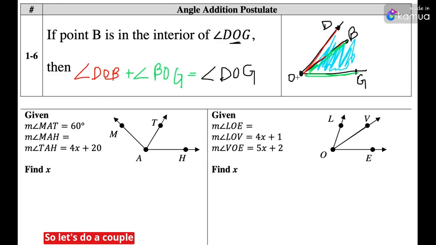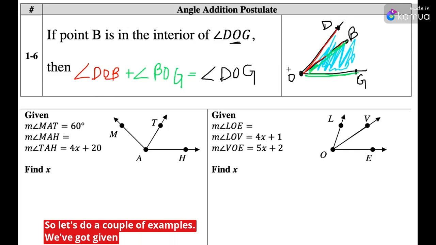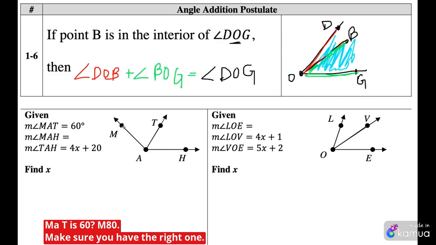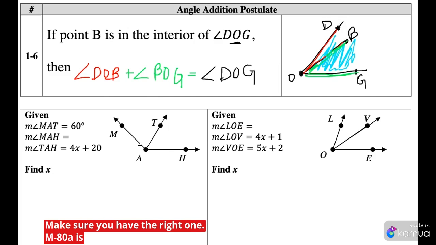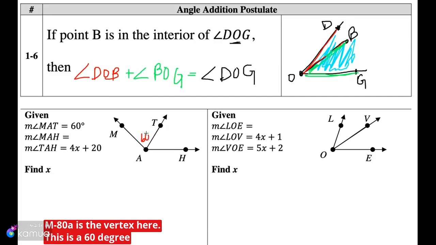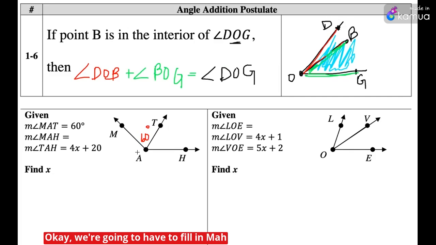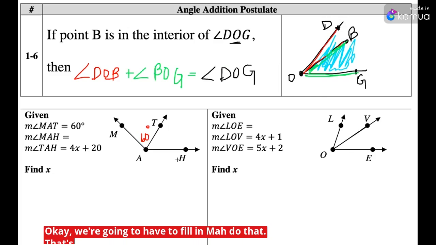So let's do a couple of examples. We're given here the measure of angle MAT is 60. MAT, make sure you have the right one. A is the vertex here. This is a 60-degree angle. We're going to have to fill in MAH, that's the whole thing.